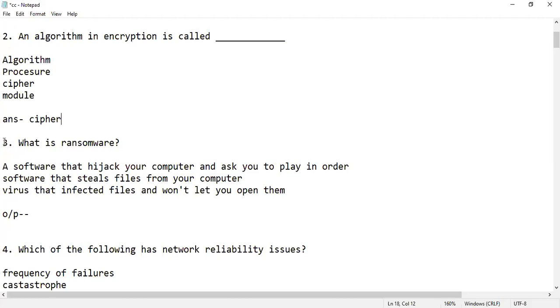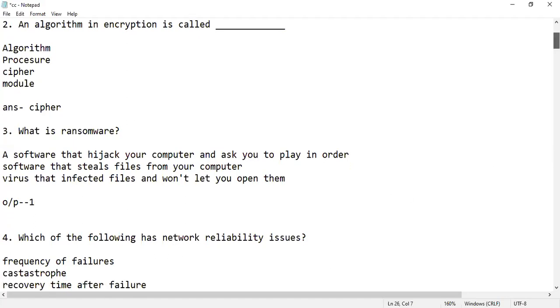The answer for this question will be a software that hijacks your computer and asks you to pay a ransom. So the answer will be option one.